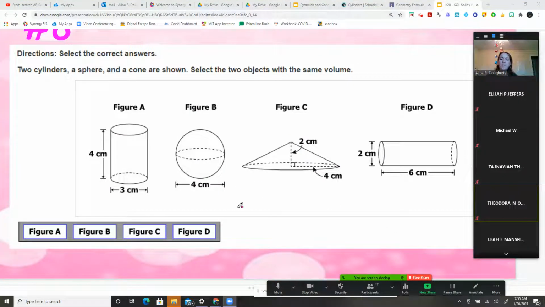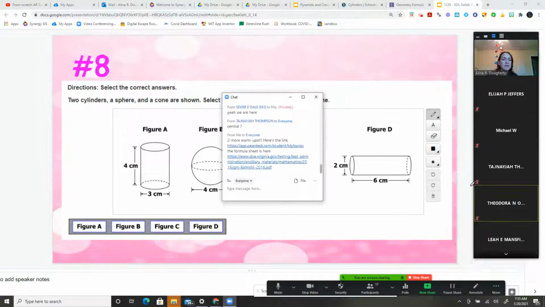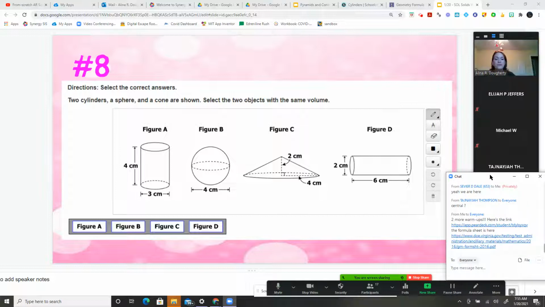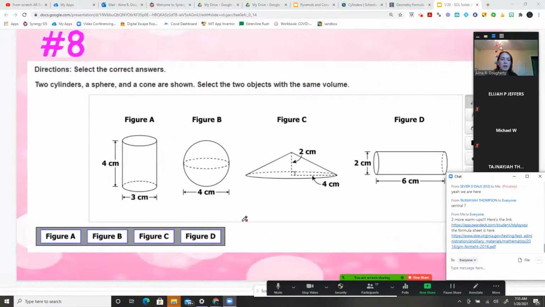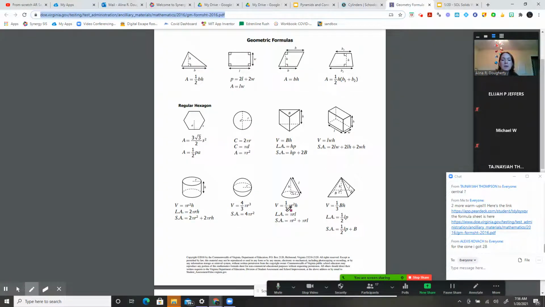All right. So if we look at this, what volumes did you get? In the chat, anybody find a volume? Cone 28. So volume of a cone is 1/3 pi r squared h.